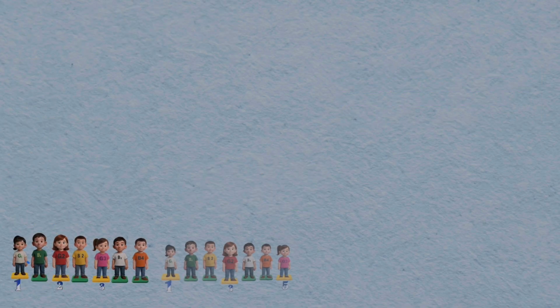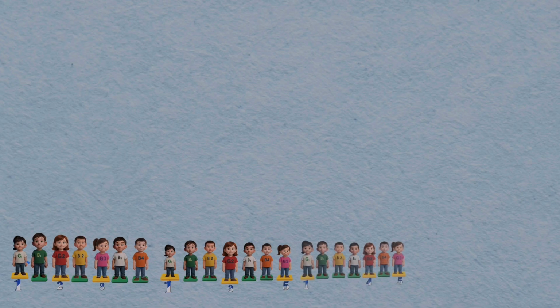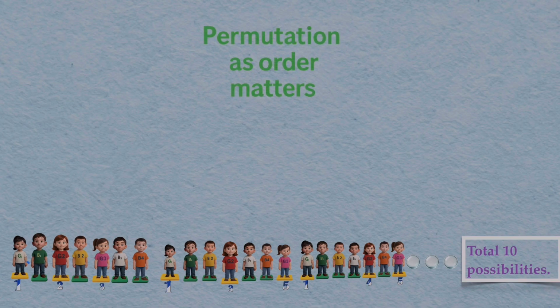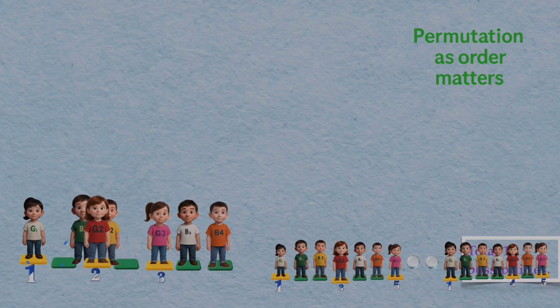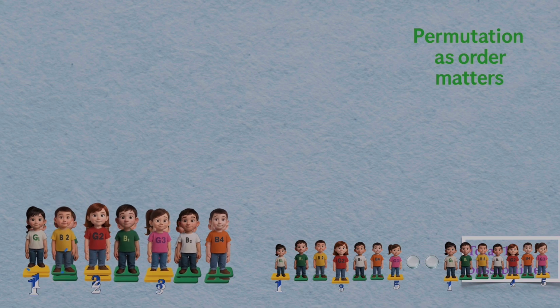Let us list some of the examples we have considered so far and permute them, meaning we'll interchange their positions to create new arrangements. To explore the different ways to arrange 4 boys, let's begin with a simple example. We'll start by swapping the positions of B1 and B2.